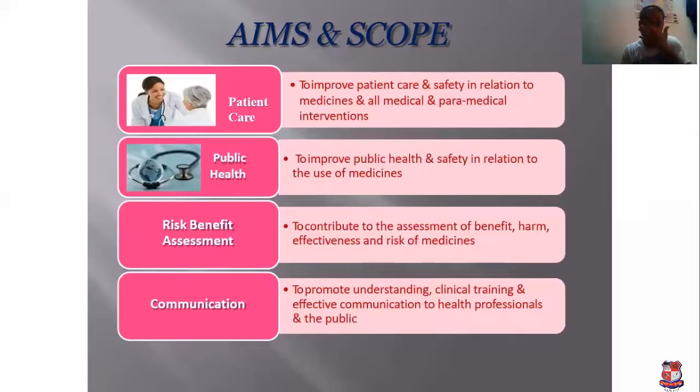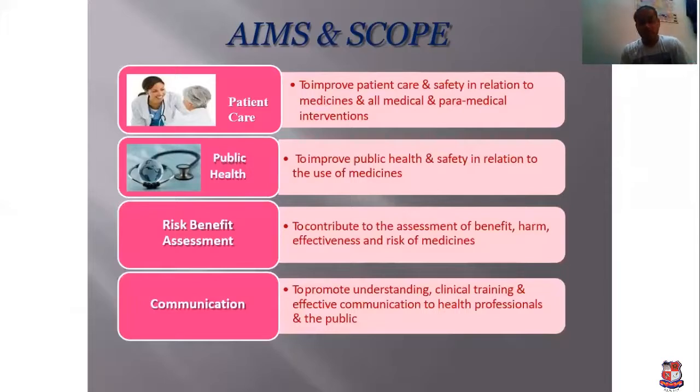So we can do the patient care. Then public health. To improve public health and safety in relation to the use of medicine, we can use safe medicines for public health. It is very much important. We can also aim at risk benefit assessment, to contribute to the assessment of benefit, harm, effectiveness and risk of the medicines. Then communication is also very important, to promote understanding, clinical training and effective communication to health professionals and the public.